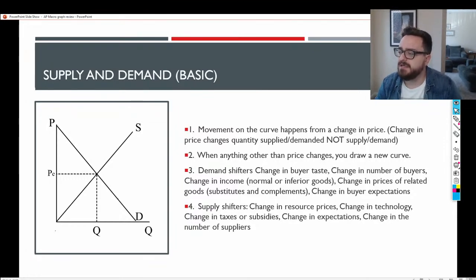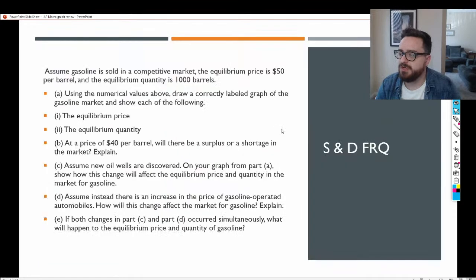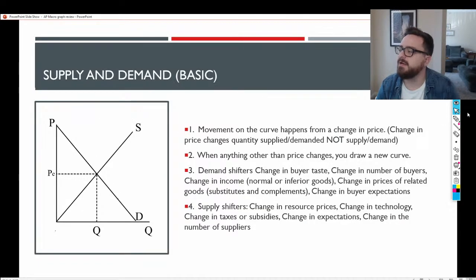So the big thing here is that if you change the price of a good, you move along the curve, which I did in my class period yesterday for a lot of my students. They've forgotten about this. If I raise the price of the good, I'm just doing this.